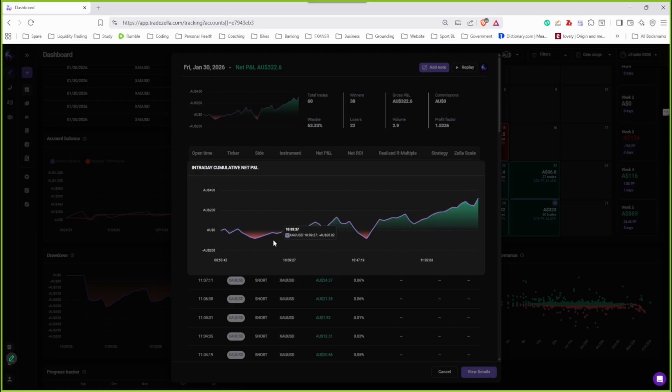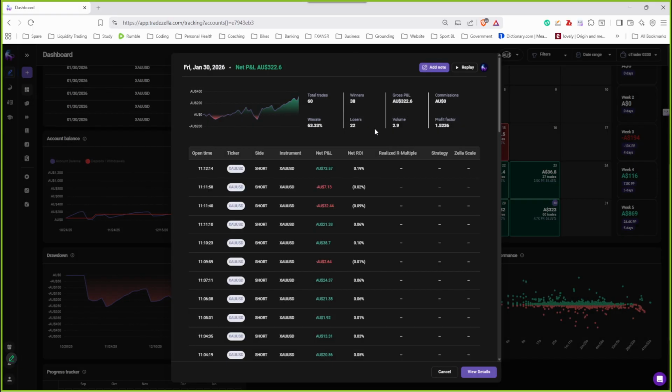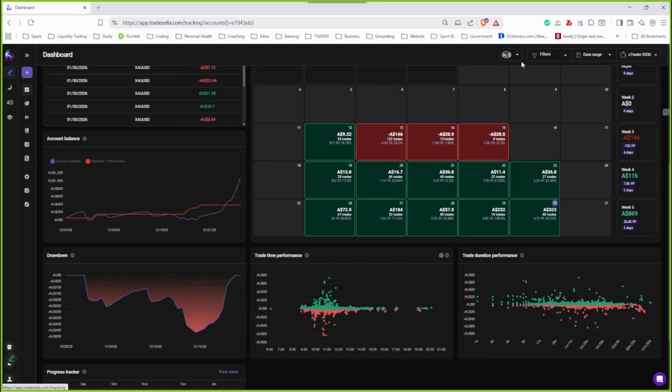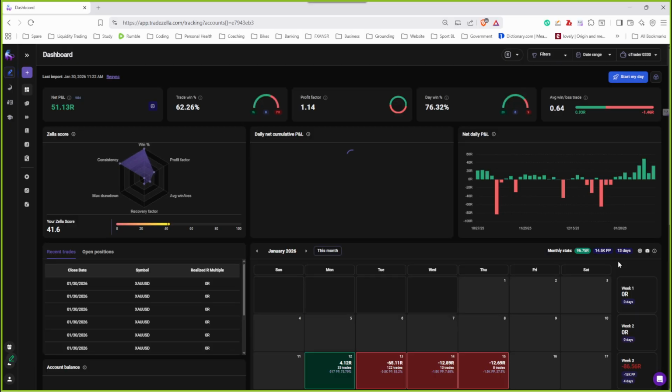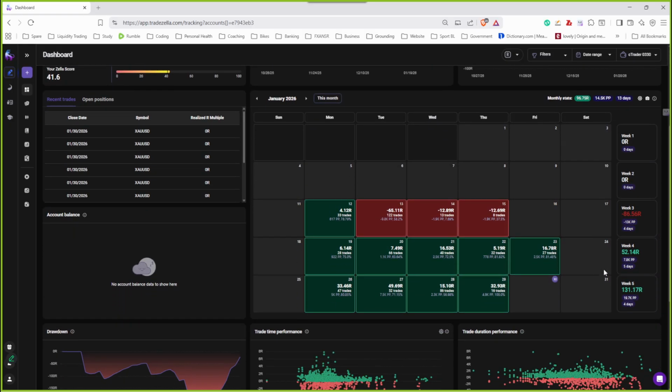Still pretty consistent, and I'm happy with that. Developing it up, 63% win rate. 38 winners, 22 losers, as we talked about before. And that completes it. If I then go to R, it's 32.93 R.